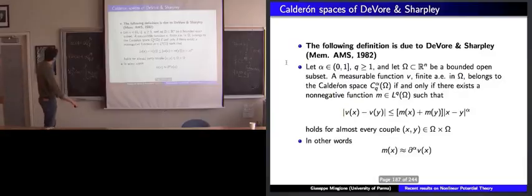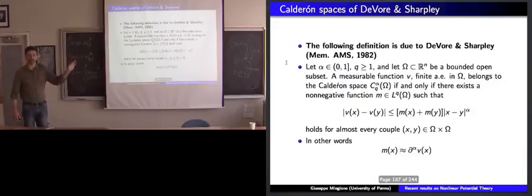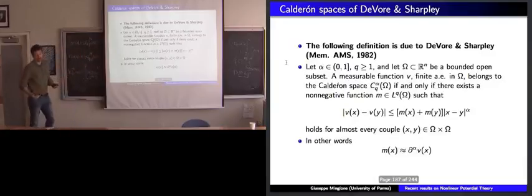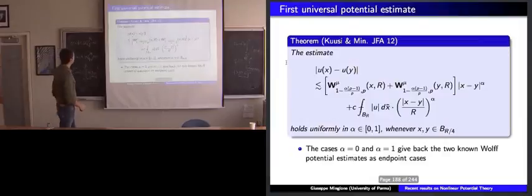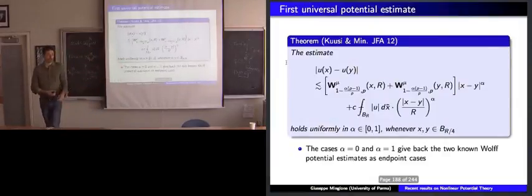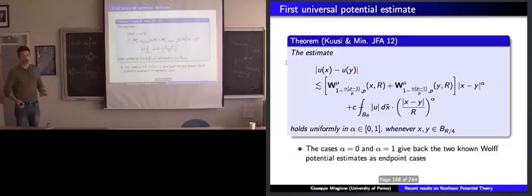Now the idea is that we want to link these 2 estimates, and we want to frame them as 2 endpoints of a general family of estimates that are not now controlling only the size of u and of Du respectively, but the size of the oscillations. And this is the first universal potential estimate, which works uniformly in the whole interval 0, 1.